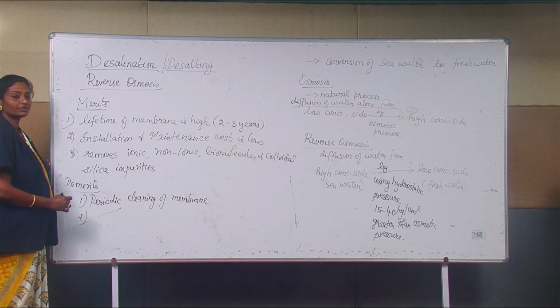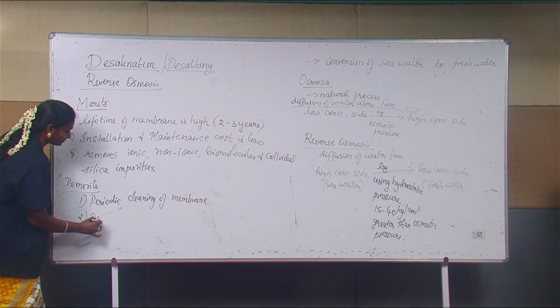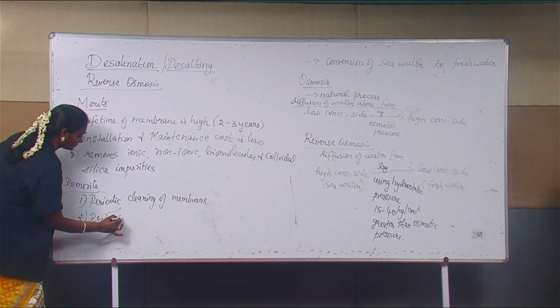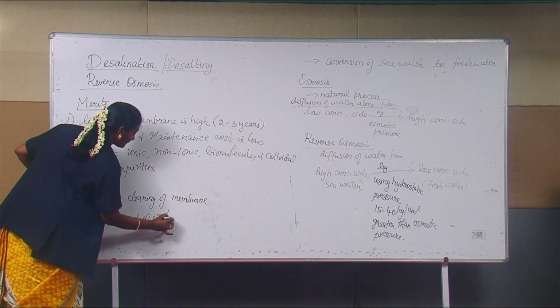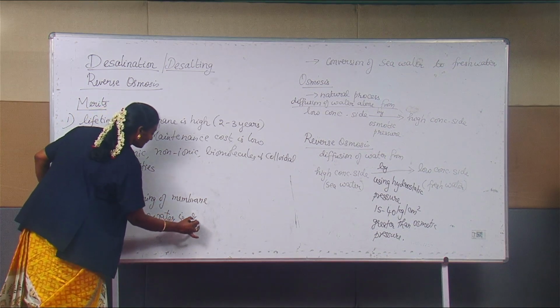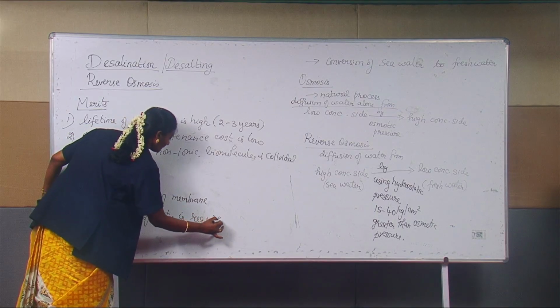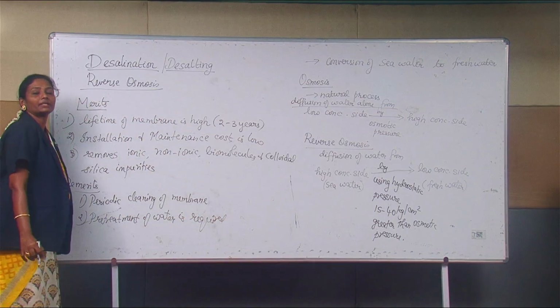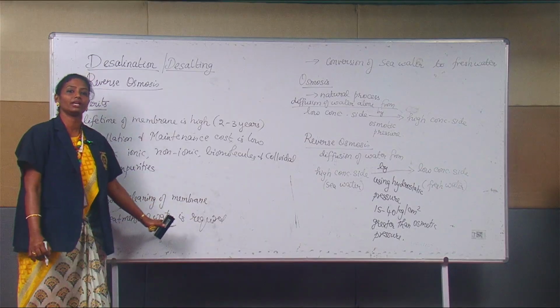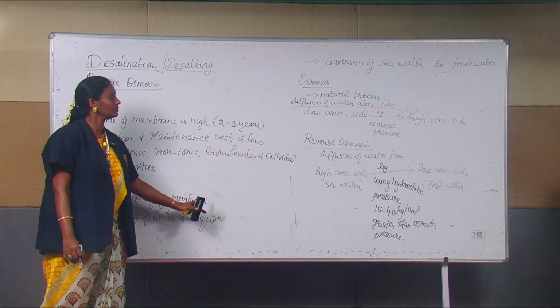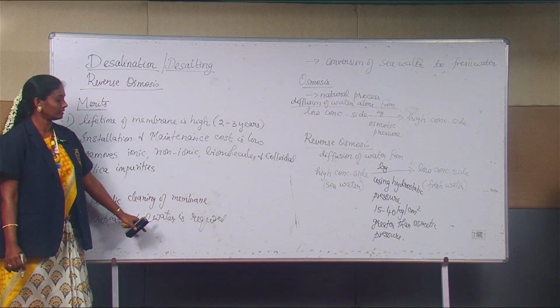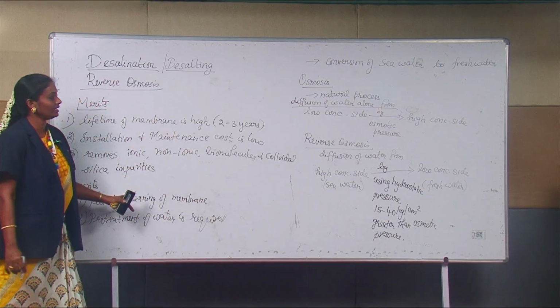Number 2 is that pre-treatment of water is required. Pre-treatment is where we remove the floating objects present in the water before adding it into the reverse osmosis apparatus. So these are the merits and demerits.